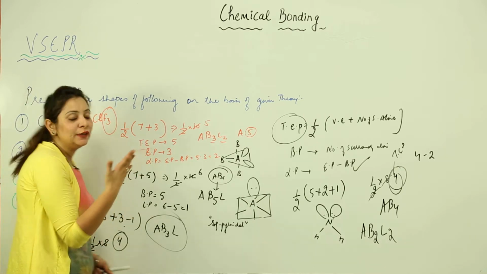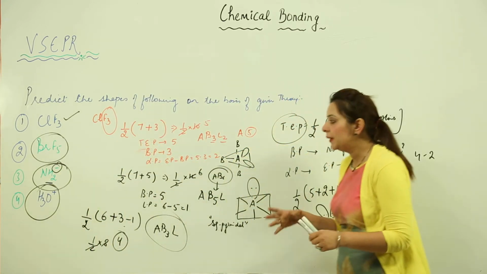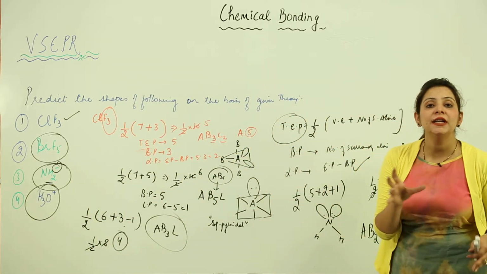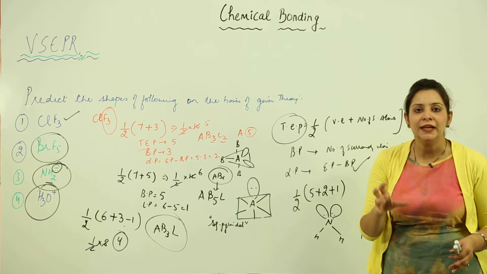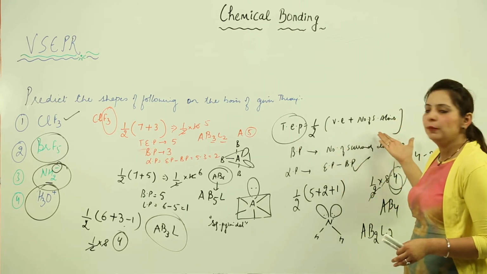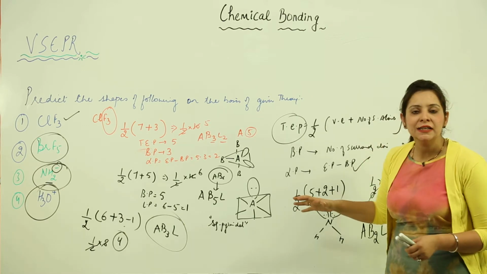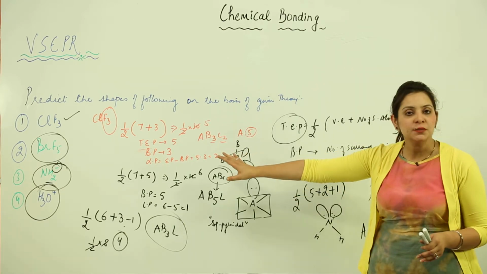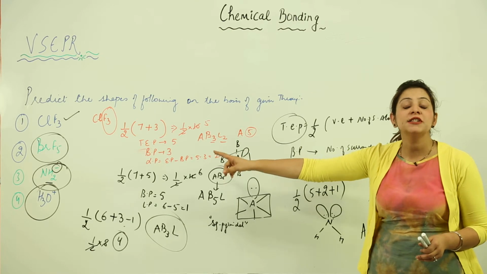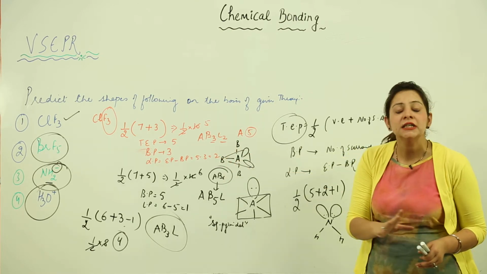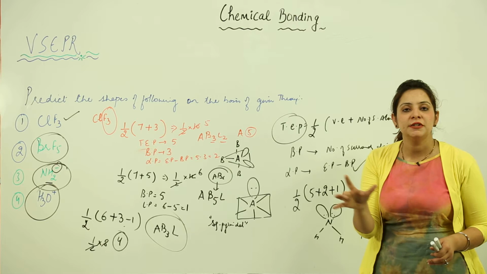So likewise you will get a question, you just need to remember that first you need to find the total electron pairs. You need to find total electron pairs by putting this formula, half into valence electron plus number of surrounding atoms. Once you get that, just look at how many surrounding atoms are there. So number of surrounding atoms just confirms the bond pair. I repeat, number of surrounding atoms just confirms the bond pair.